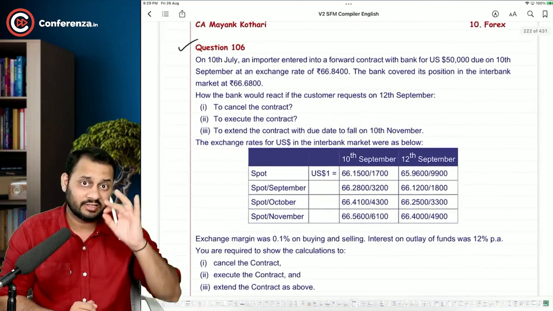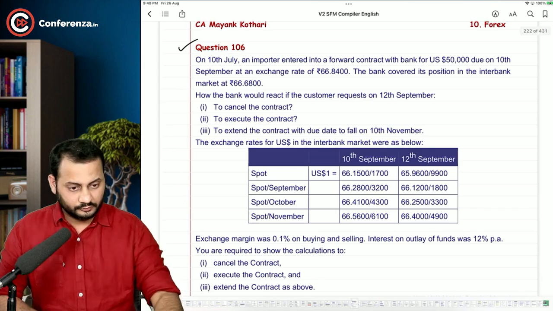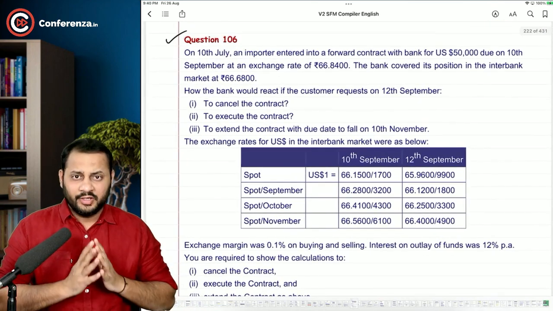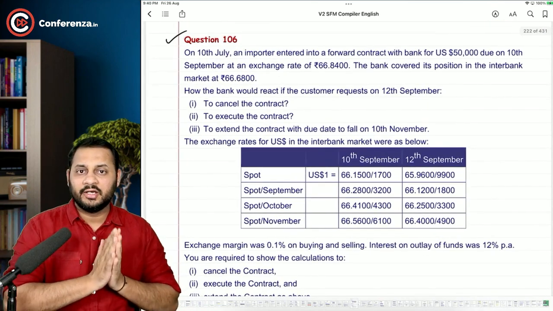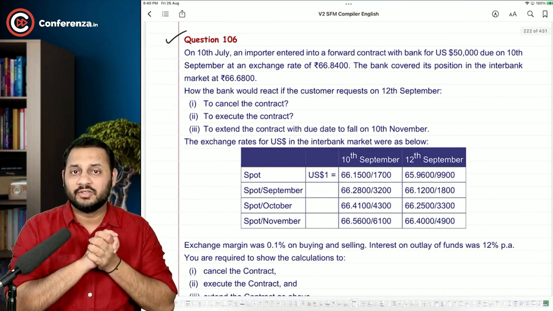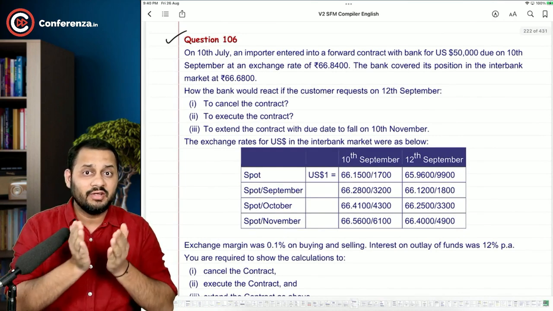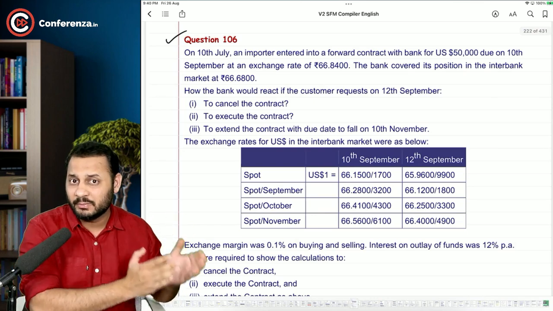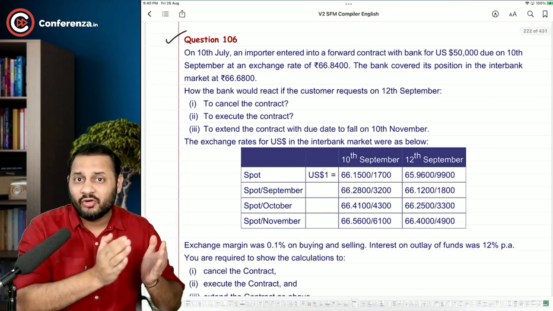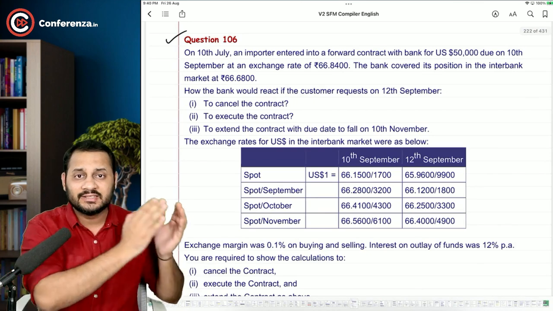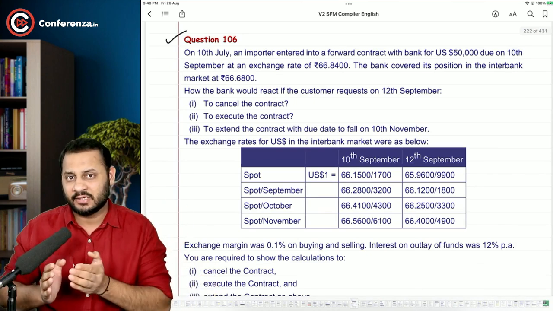This is interesting. There are three things to cover in this contract. See, on 10th July, an importer entered into a forward contract with a bank. Importer will buy foreign currency from the bank. Bank will sell foreign currency to the importer. It's a forward sell from the bank's angle.